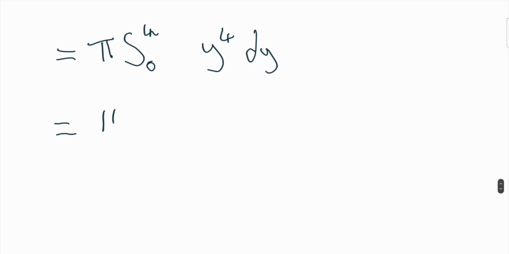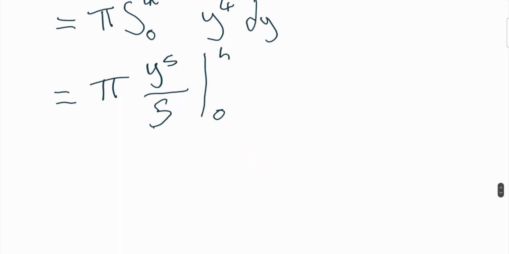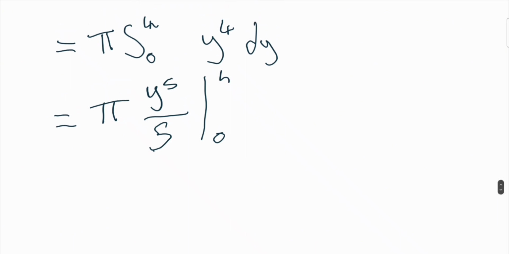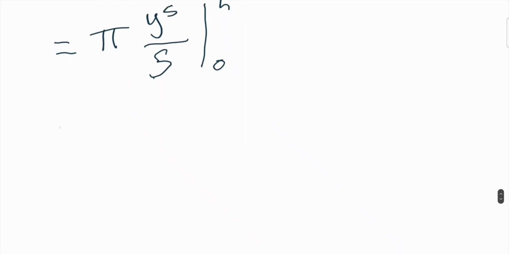So now we can go ahead and we can integrate this. Pi times y to the 5th over 5 plugged in from 0 to 4. And again, we don't need plus c, the constant of integration, as we are integrating a definite integral.